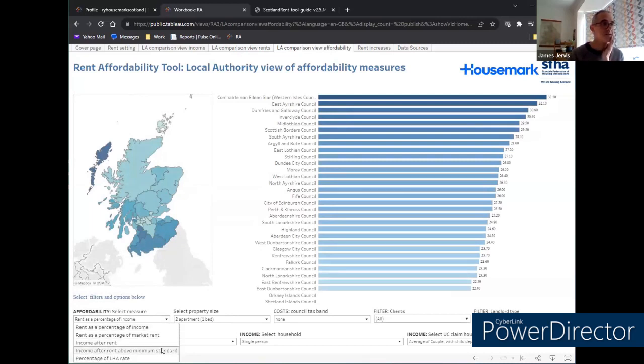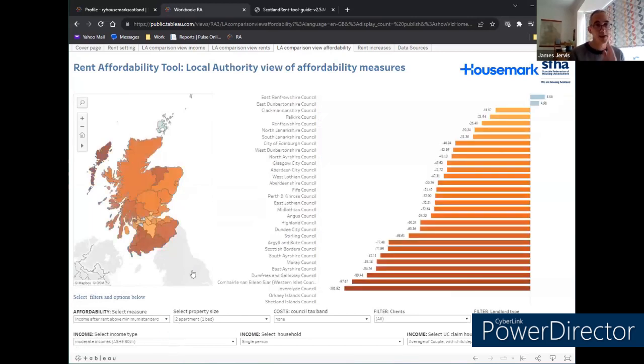I mean, it's always interesting to look at the income after rent above minimum standard, because I suspect everything's in the red now, because as I say, because of those huge inflationary increases, every local authority, well, East Renfrewshire and East Dunbartonshire have a tiny bit of headroom for 1 beds, but some are really struggling in terms of those inflationary increases.